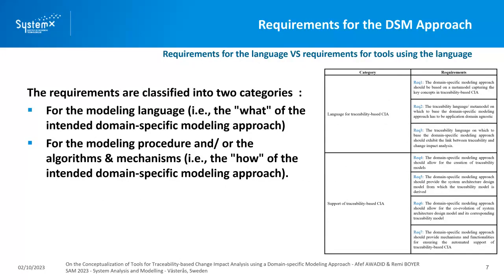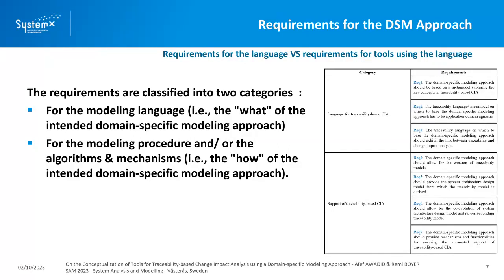So the requirements work is done to separate different usages of the CIA approach. The requirements are classified into two categories: for the modeling language, and for the procedure and the tools we want to build around the modeling language.